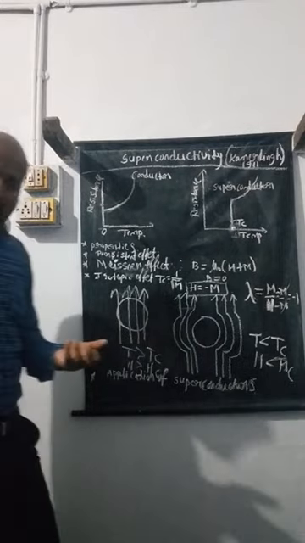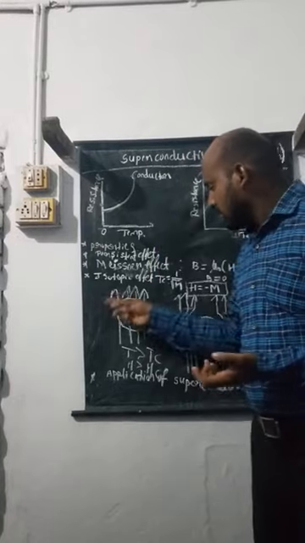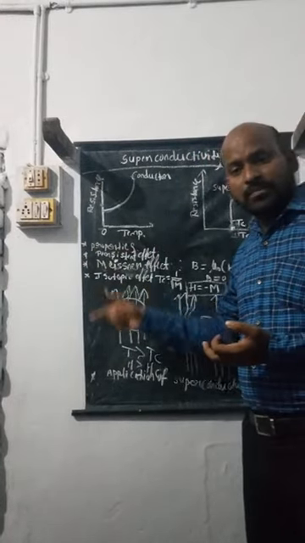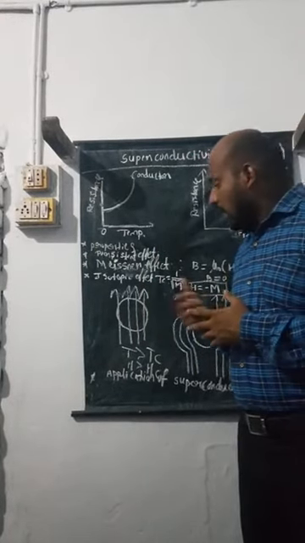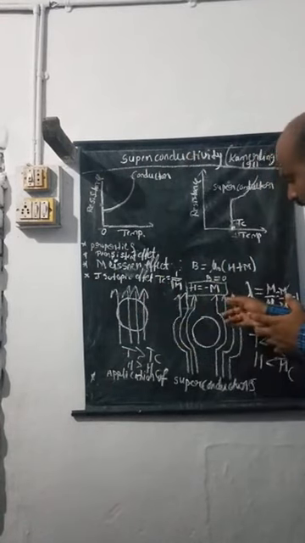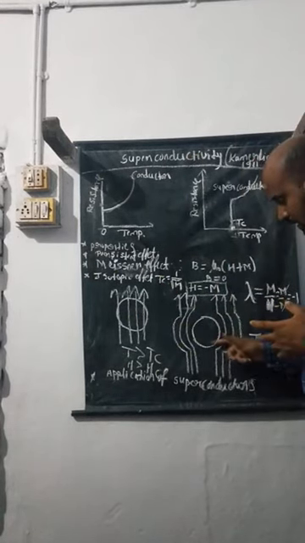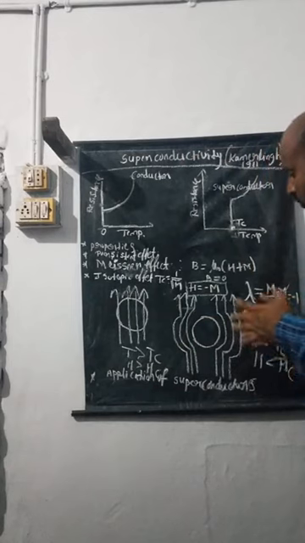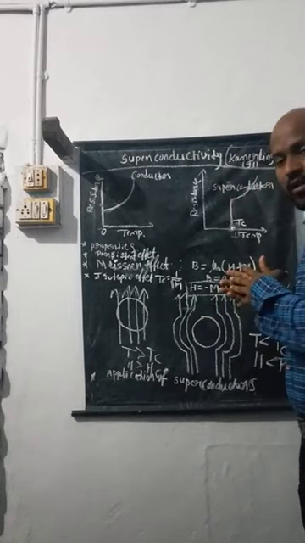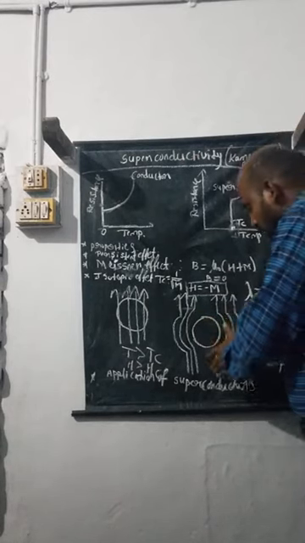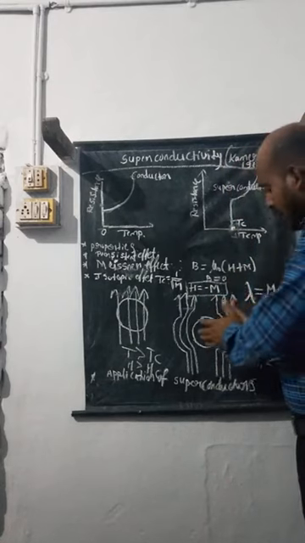In that condition, the magnetic flux is penetrating through the spherical superconductor. But in the same spherical superconductor below the critical temperature, the magnetic field lines, or magnetic flux, do not pass. They are expelled.